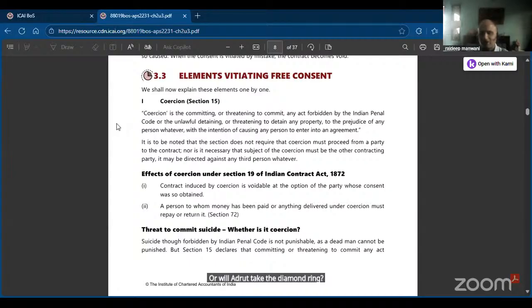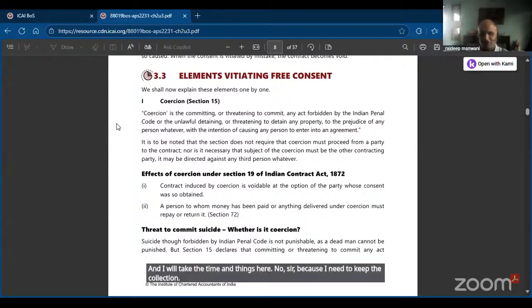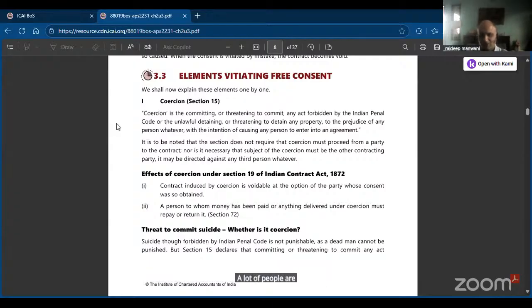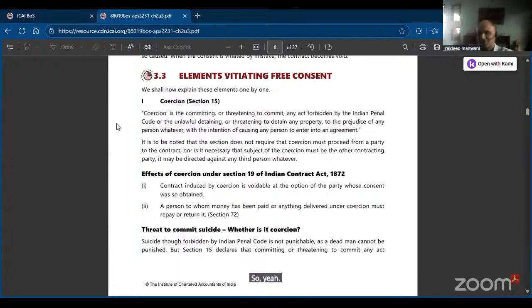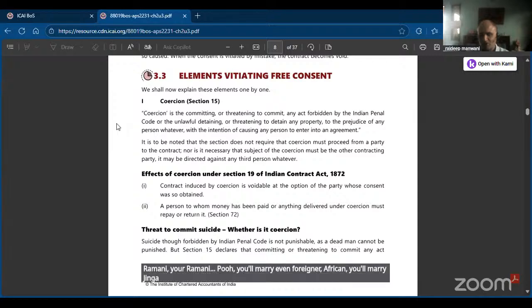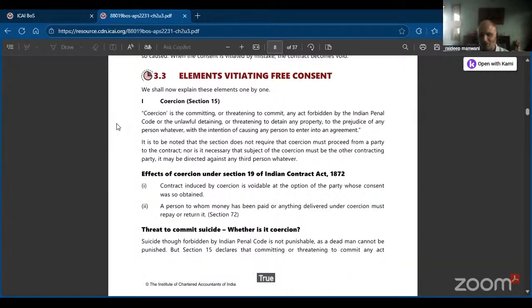Why do you like her? No, sir, because I need to keep the connection. A lot of people are behind you, Ramani. Kushal, Adrut, Ramani, you have to be careful. All Indians are our brothers and sisters. Who will you marry, one foreigner, an African, Jingalala? In your marriage they'll come with all those leaves and all that.